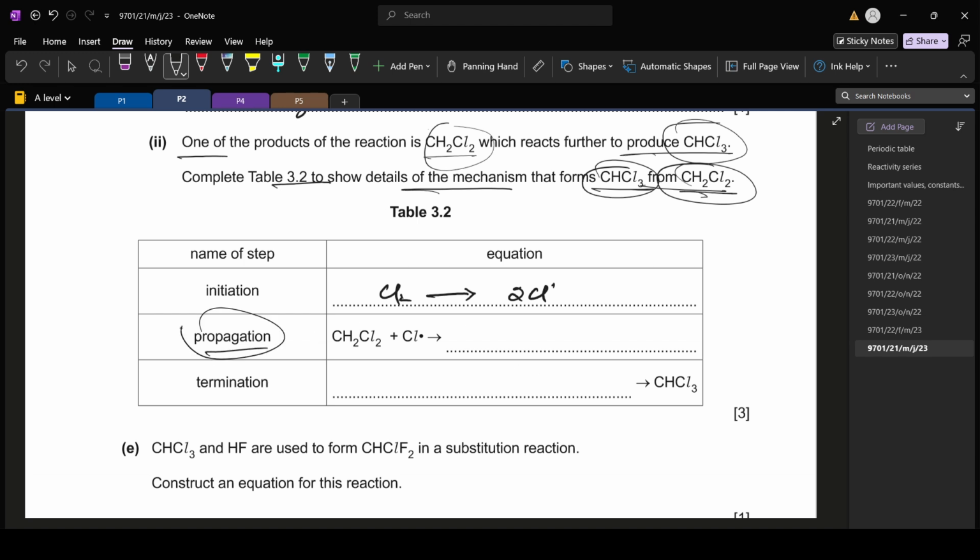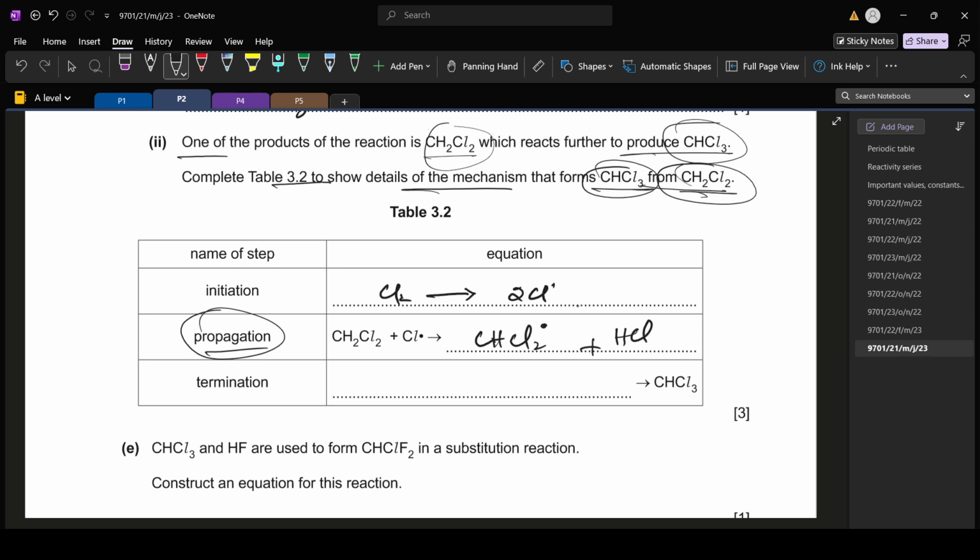Now the propagation step. This is a very careful step. You can see that there is one replacement of hydrogen between CH2Cl2 and CHCl3, so one hydrogen will be removed in this propagation step. It will form CHCl2 radical plus HCl.